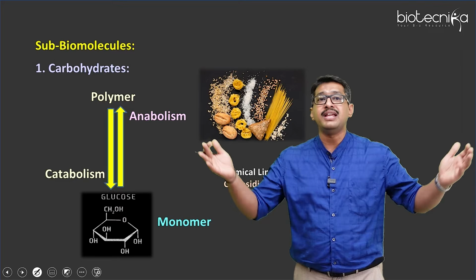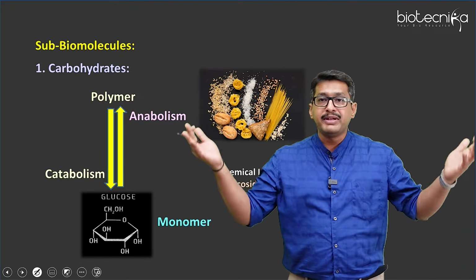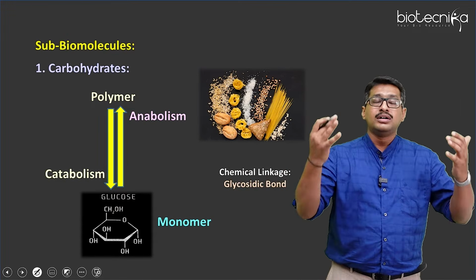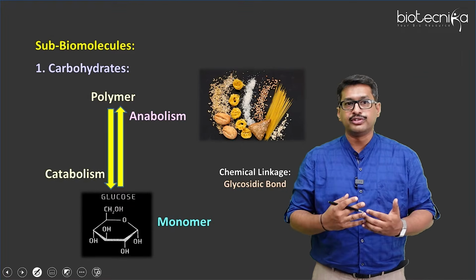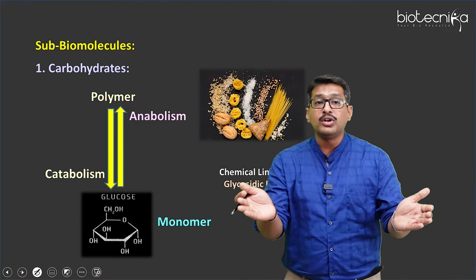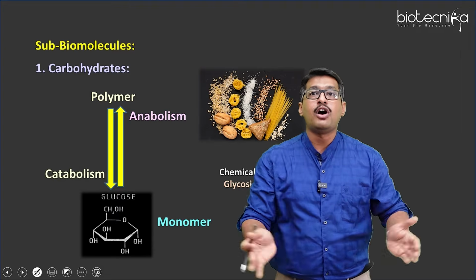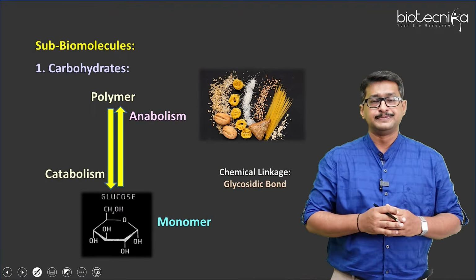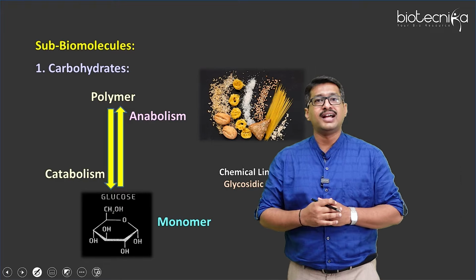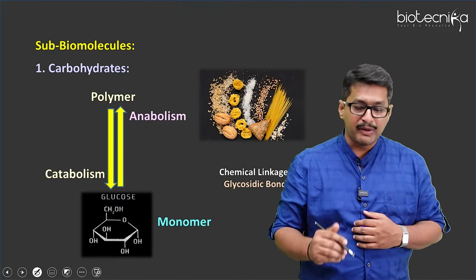Now, carbohydrate being a bigger polymer, this bigger polymer can undergo destruction, that is, catabolism, and lead into glucose. Or these glucose molecules can come together to form a bigger molecule which is called polysaccharides or carbohydrates. This process is called anabolism. Now, how is this possible?